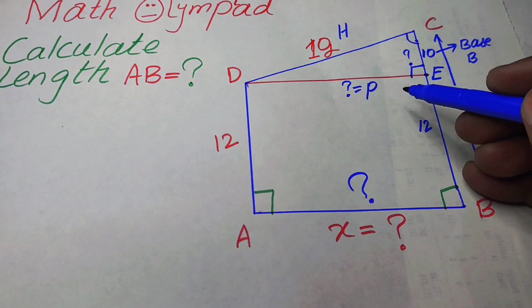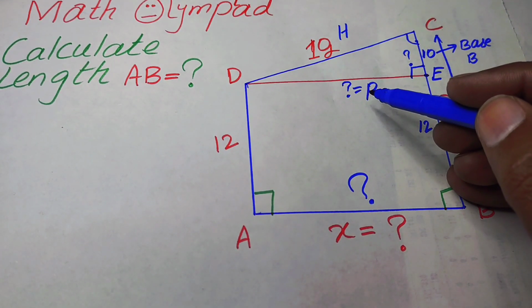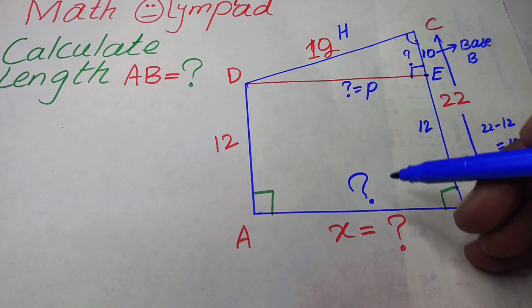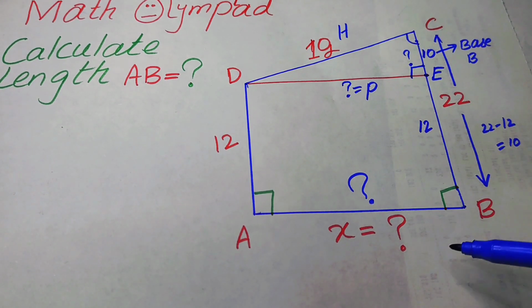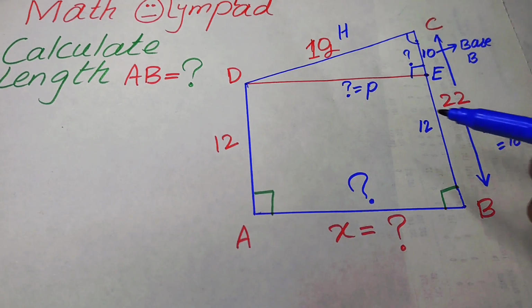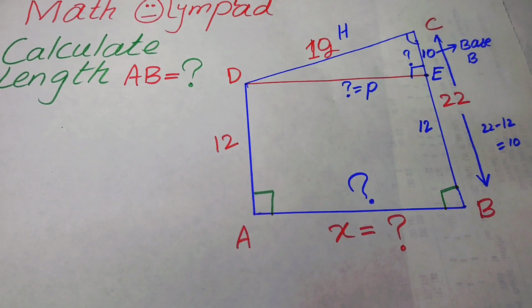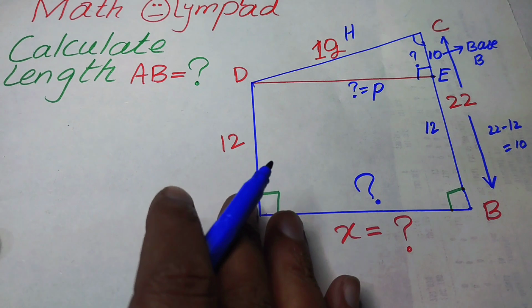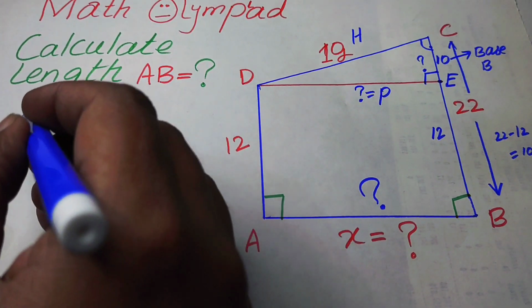Okay, so first we will find the perpendicular, and the value of the perpendicular and our required value x are the same. So here we will apply the Pythagoras theorem.